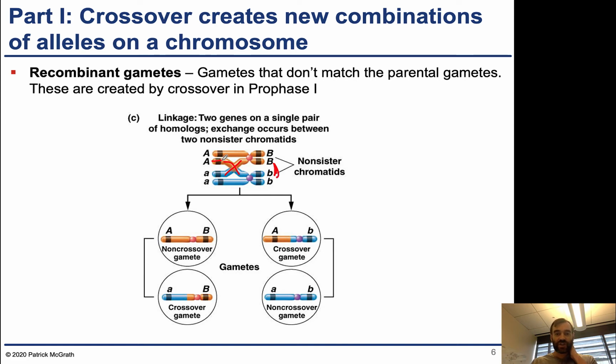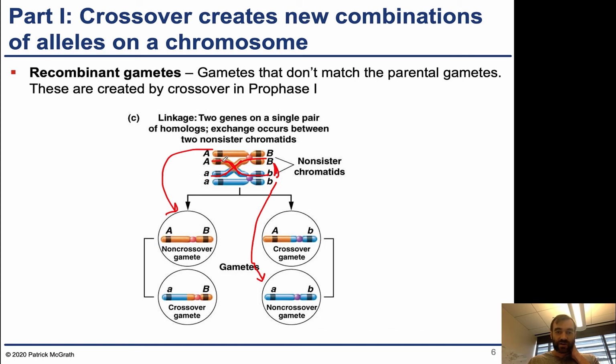With an exchange, the way you would see what the new gamete would look like is you just follow from one side through the X to the other. Now if we look at the result of this meiosis, you have one chromatid that did not undergo any sort of recombination. You have a second one that did not undergo any sort of recombination. And then we have two recombinant chromatids.